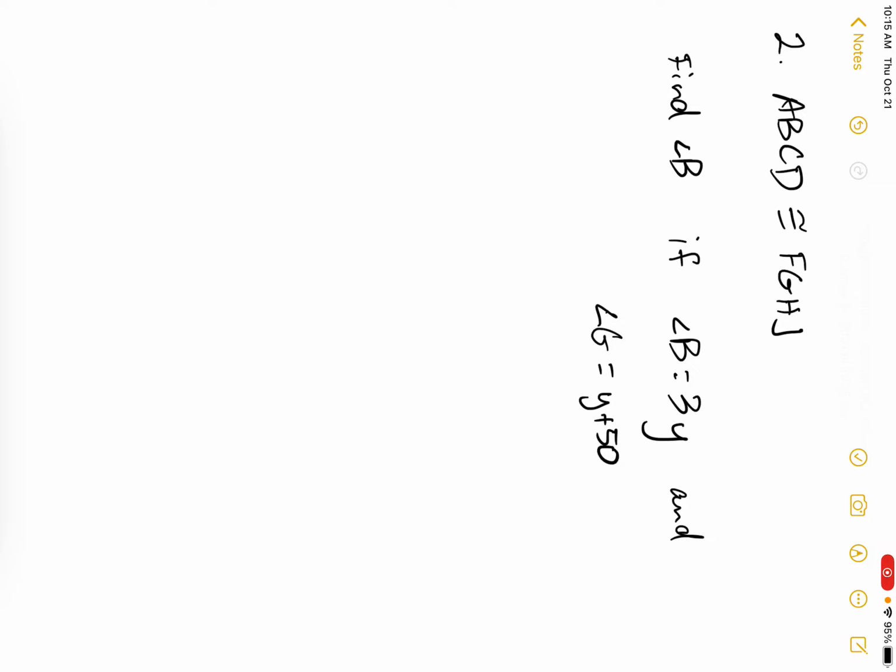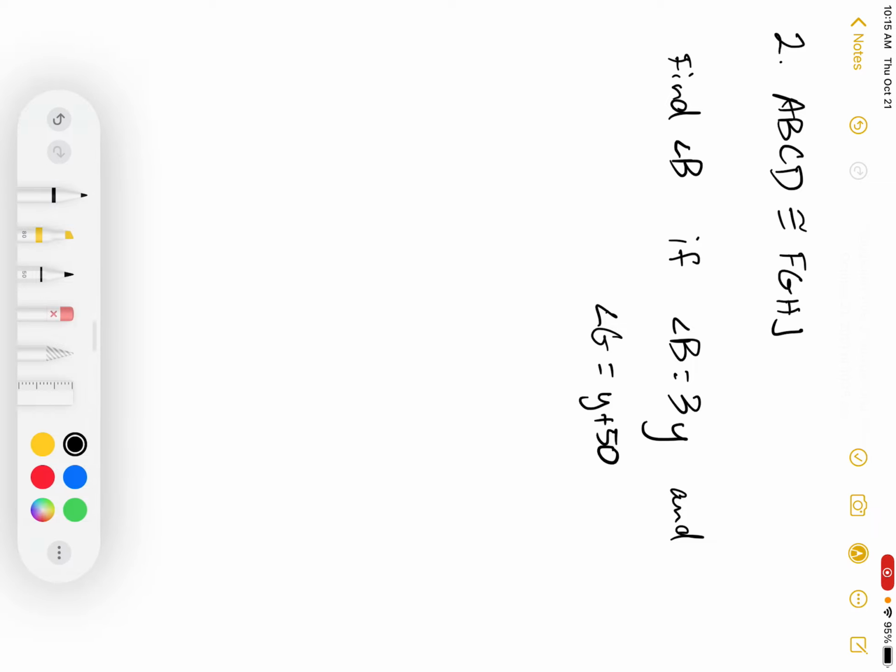When we look at these two figures, ABCD and FGHJ, we don't know anything about them other than they are congruent to each other. But that is enough to tell us that if B and G are corresponding, then those two angles are going to be exactly the same size. The reason we know that is because it told us at the beginning that those two things are congruent to each other.